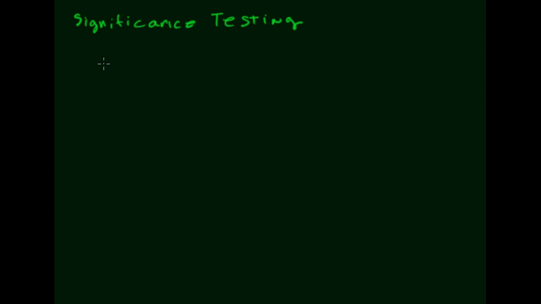Essentially, you have a guess about some parameter. In the abstract, we're just going to call that J. You're going to guess that that parameter has some value, so J is equal to some value.